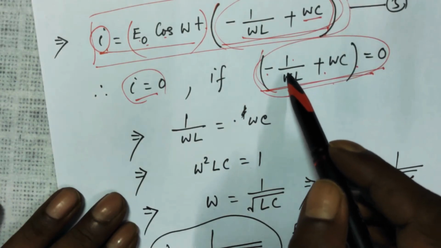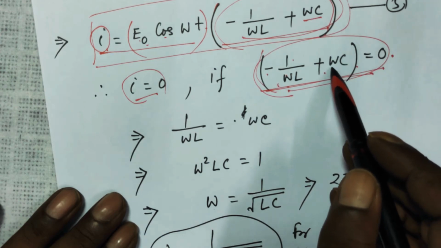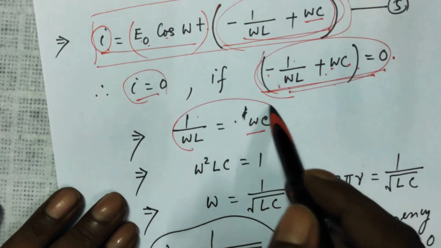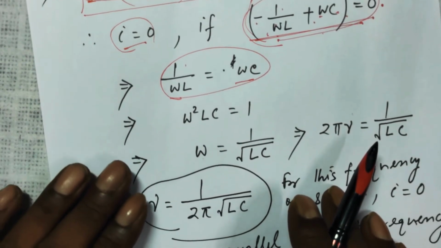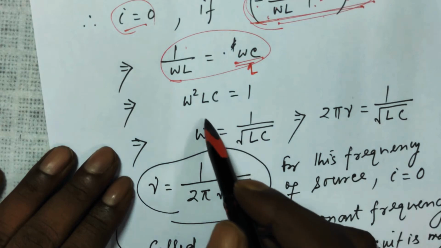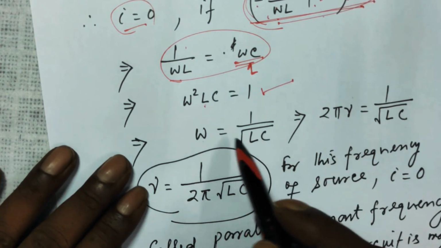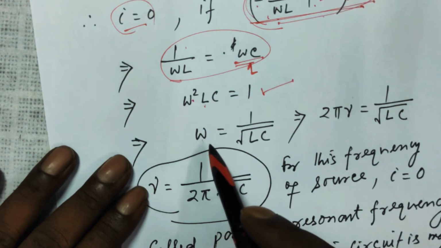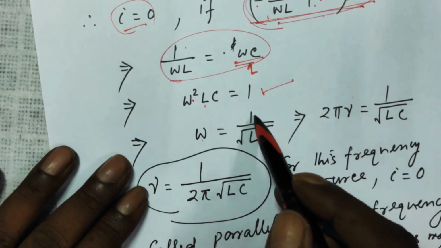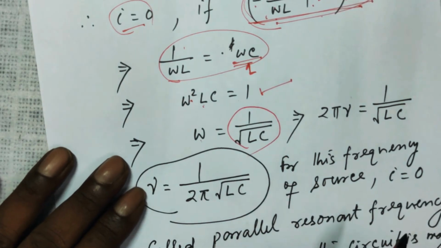So omega L, this term goes to the other side. So we are left with omega C is equal to 1 by omega L. Cross multiplying, omega square LC is equal to 1. So LC goes to this side and here was omega square. So omega will be the square root of that. Square root of 1 is 1, square root of LC is square root of LC. So this is your omega.